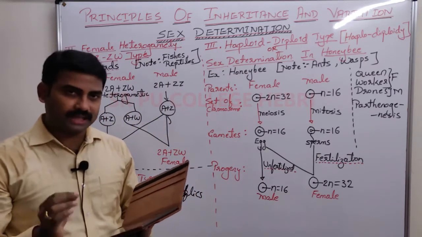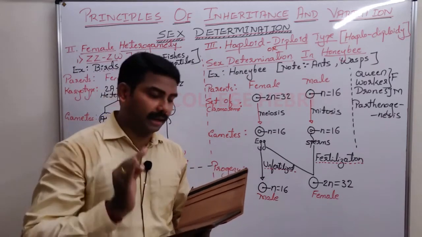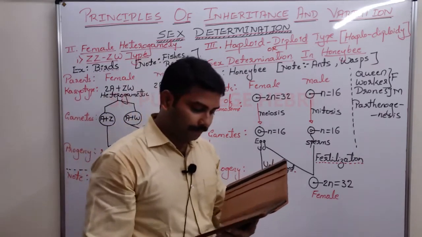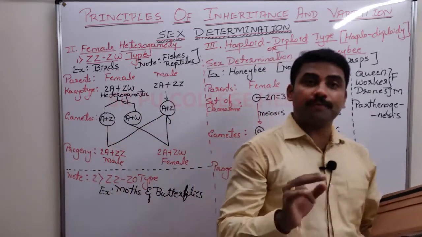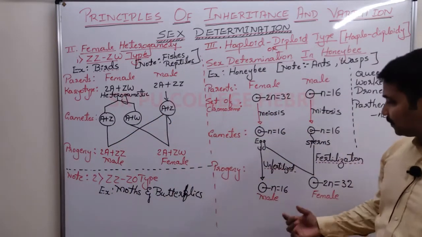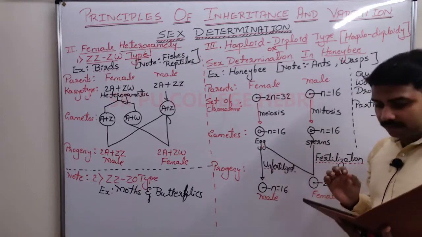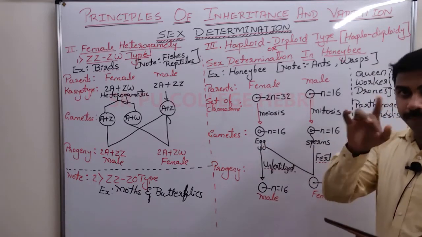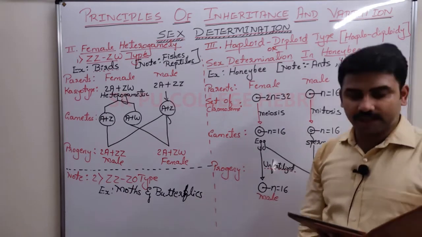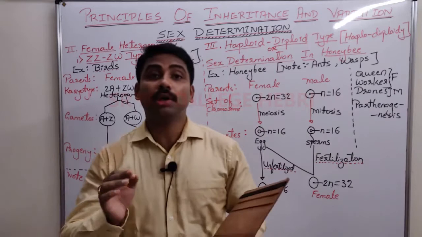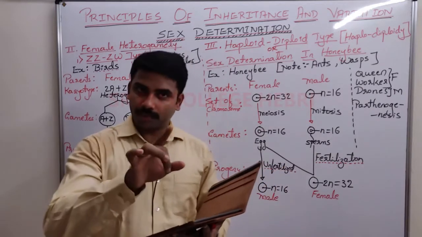Next line, explanation, very important, it should be written neatly. Okay, an offspring formed from the union of sperm and egg, in bracket fertilization, close the bracket, develops into female, full stop.